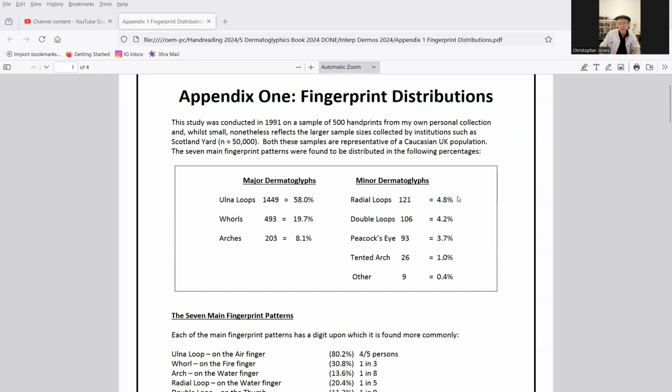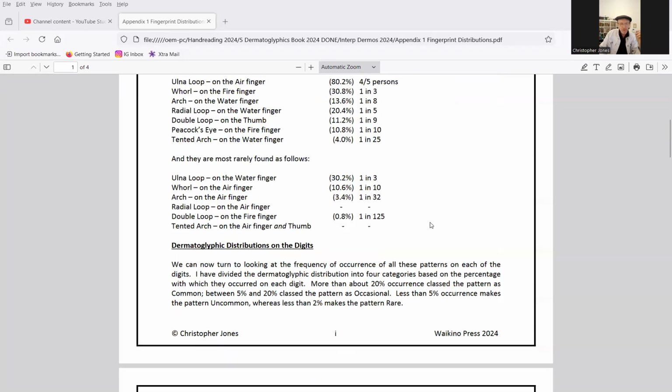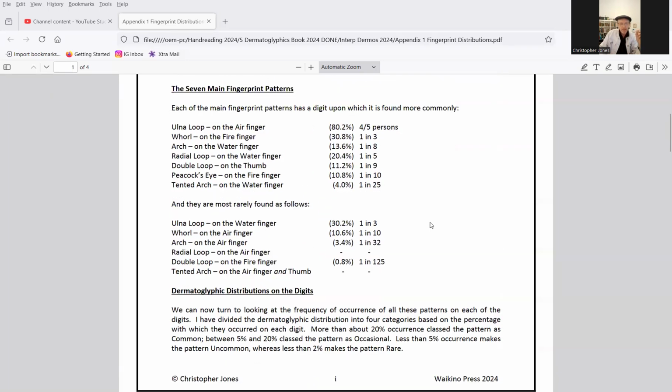And yet you can really classify that as a minor fingerprint pattern because it's not that common. But it's relatively common, as common as the double loop and the peacock's eye. But if we look down the fingers, we can see that the most common place to find the radial loop is on the index finger, which is about 20%.